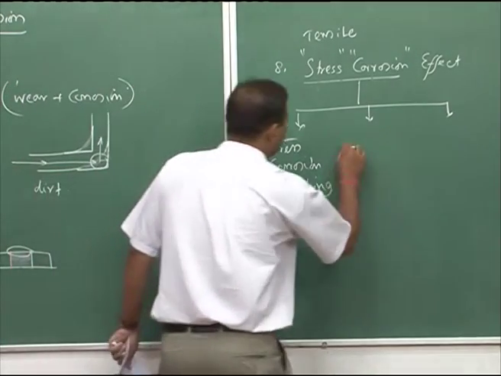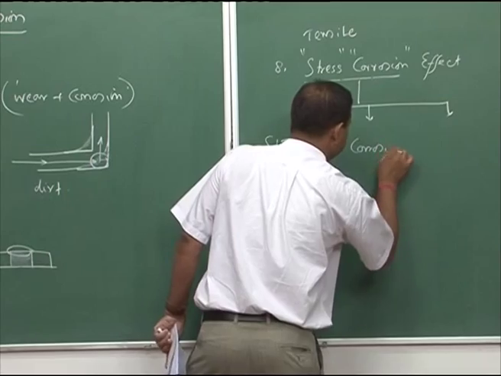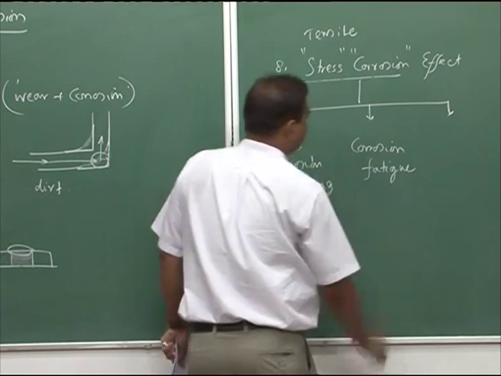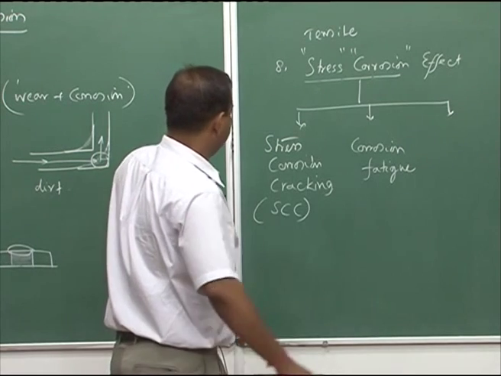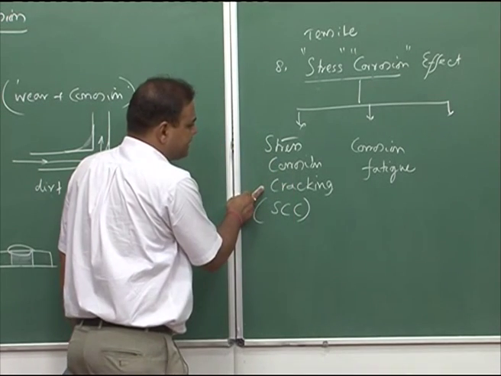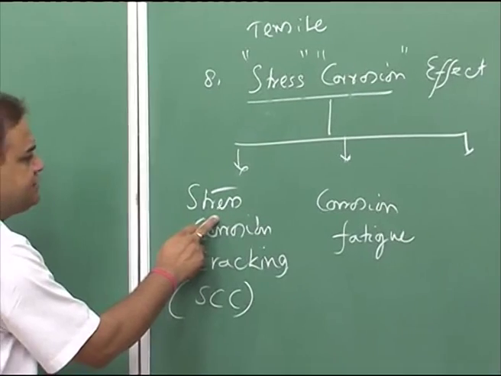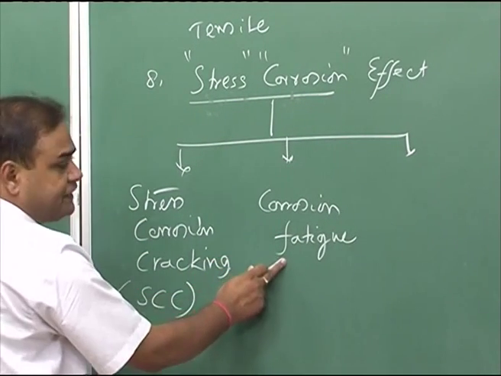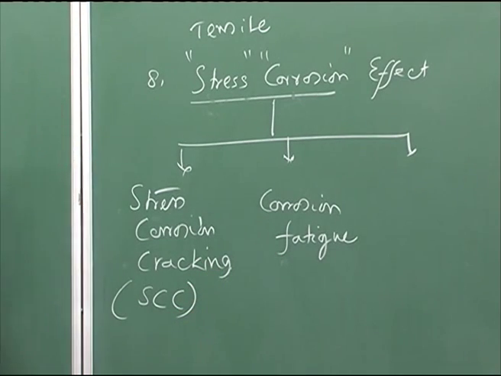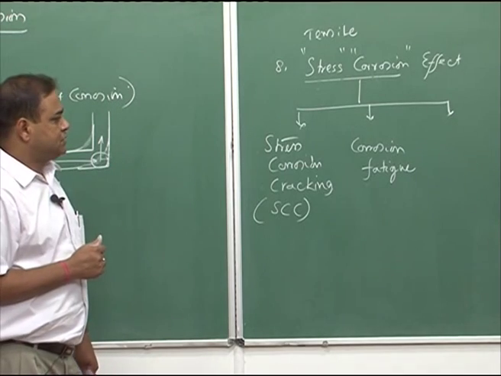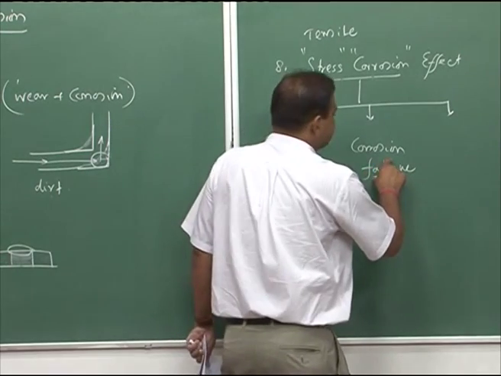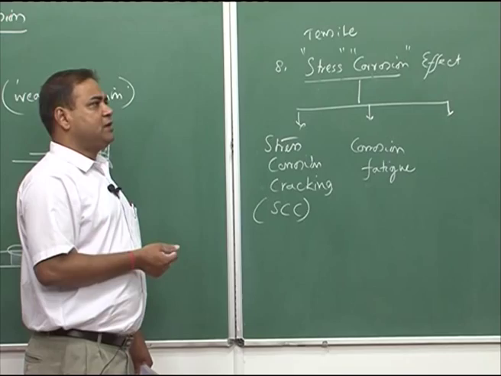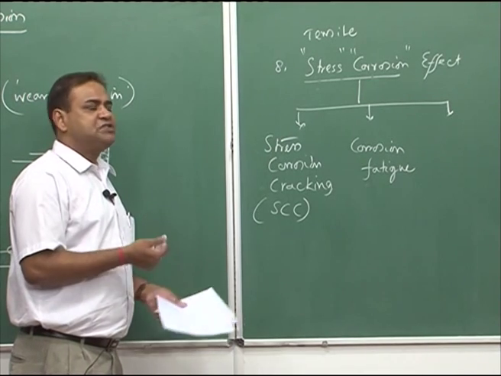We can have corrosion fatigue, and in the case of stress corrosion cracking, the stress component is a static tensile stress, but in the case of corrosion fatigue, the stress component is alternating, and this happens if we have a corrosion phenomenon in a component which is under fatigue load.